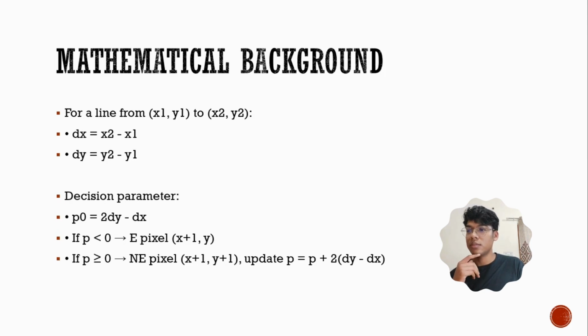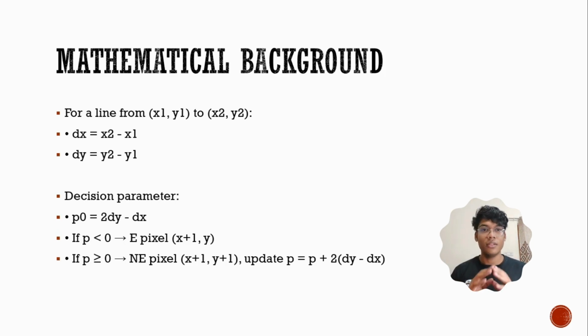Going further with the slides, it says the mathematical background of how we are going to solve a question of Bresenham algorithm. When the question comes, they always give us the two coordinates, x1, y1 and x2, y2.